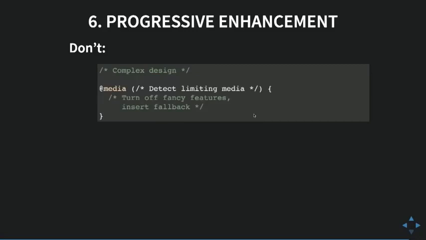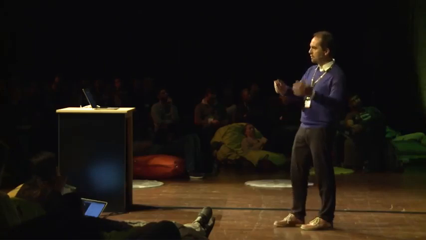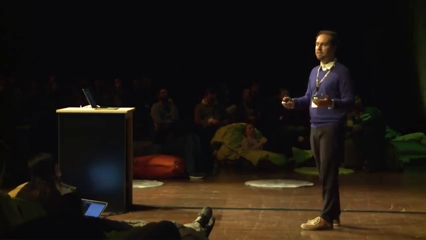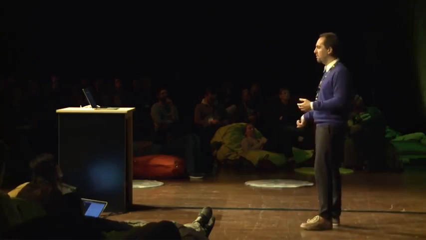And progressive enhancement, that's not media query specific, but it plays an extra role here. This is a bit of why you can use this even when it's not supported everywhere. If the way you write your website is to write something complicated and then test for whether you're in an environment where that design wouldn't work, this is fragile, because if your test fails, if the device is bad but the test failed to notice, you still have the complex design that doesn't work in this environment.